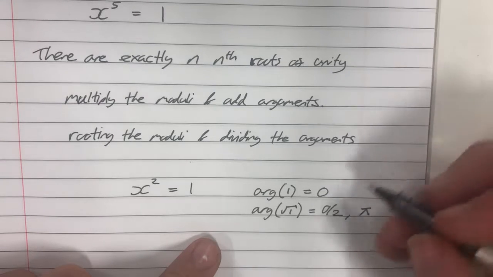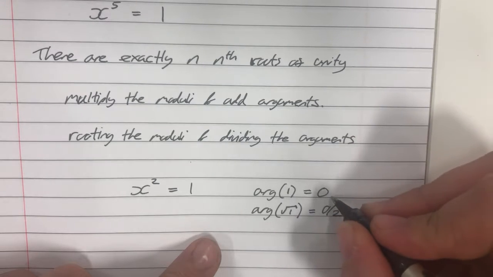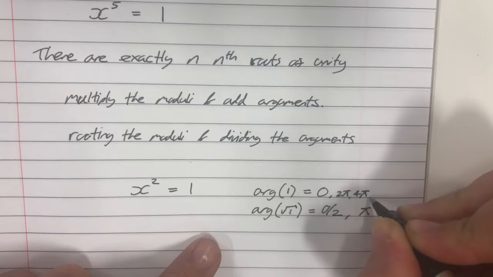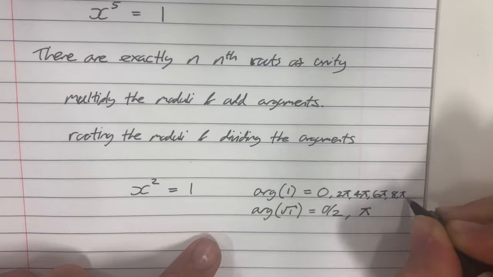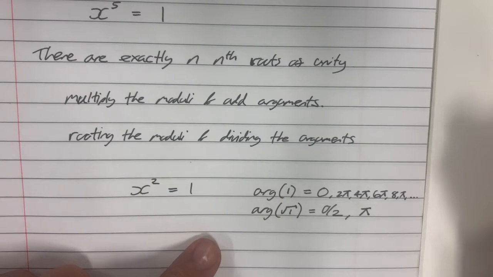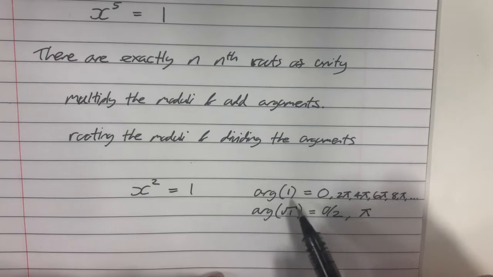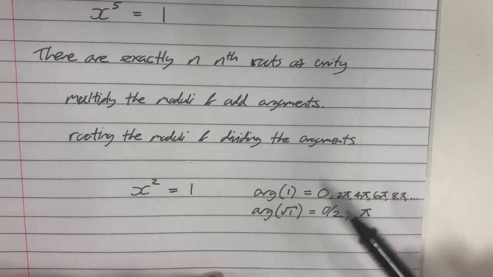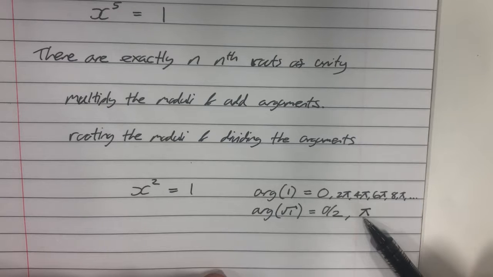Because, yes, 0 is an argument of 1, but actually there's also 2 pi and 4 pi and 6 pi and 8 pi. And in fact, any even integer times pi is an argument of 1. It's not a principal argument, granted, but it is an argument. So if I take 2 pi as my argument of 1, then when I divide it by 2, I'll get pi.